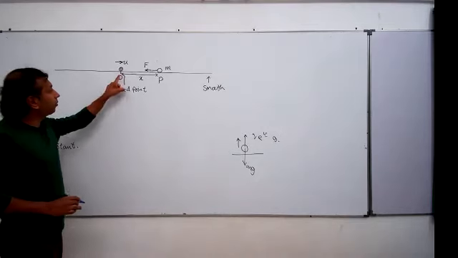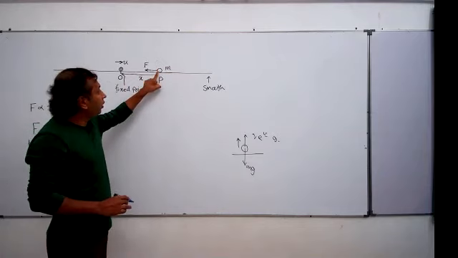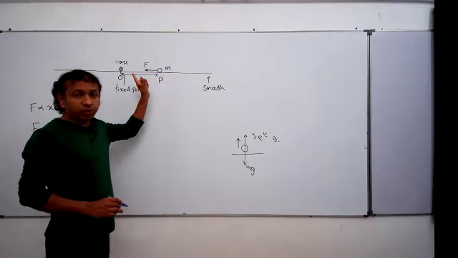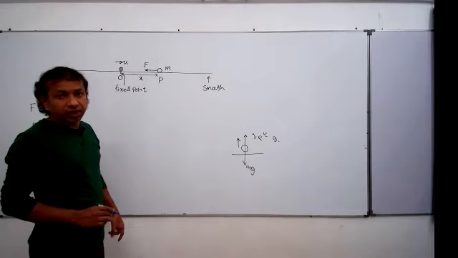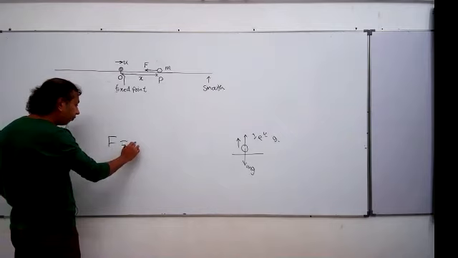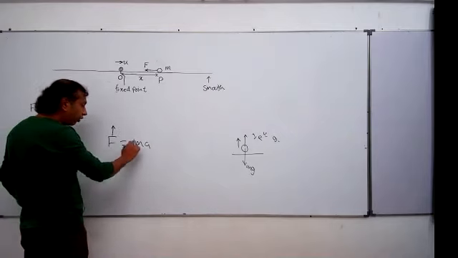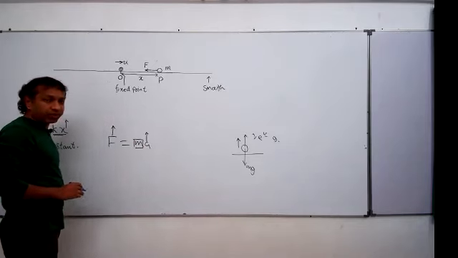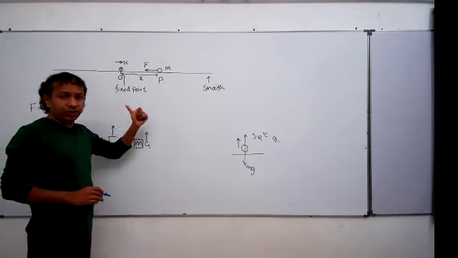The force acting on the particle P towards the fixed point O is also increasing. Then you can very clearly see, according to F equals ma, F increases, and since m is constant, a increases. Acceleration increases. But this time this force is acting in the opposite direction of motion of the particle.